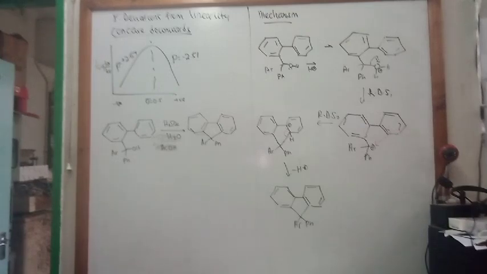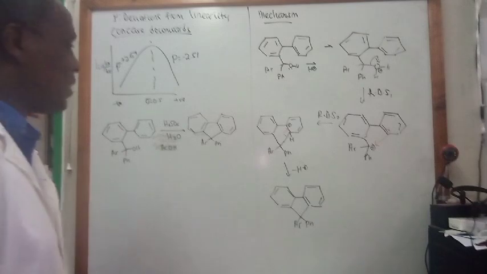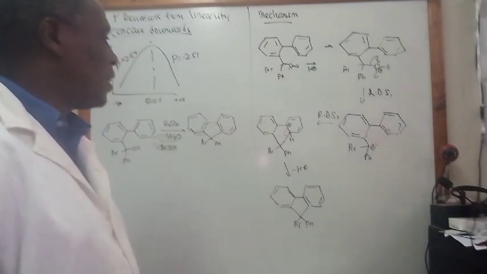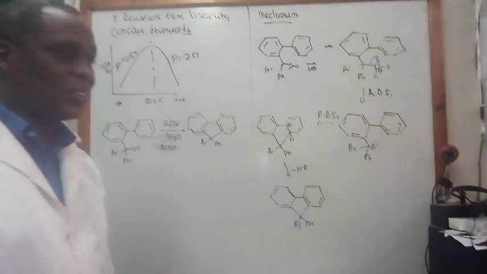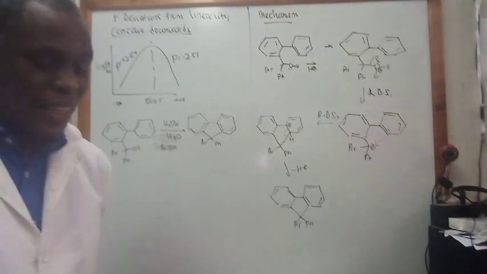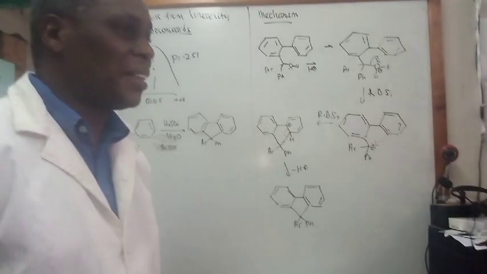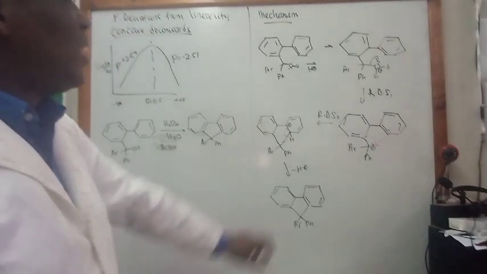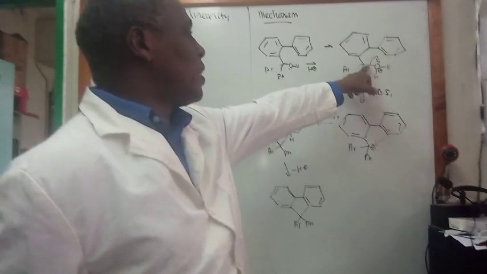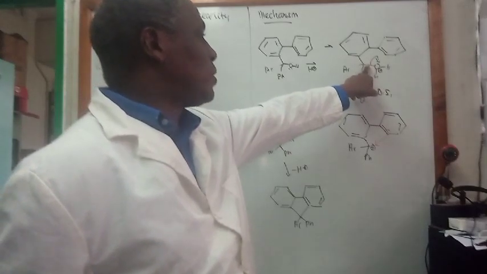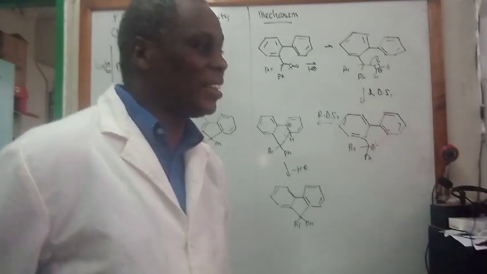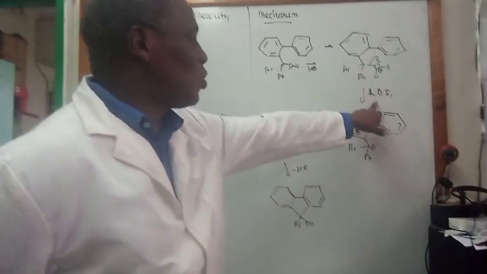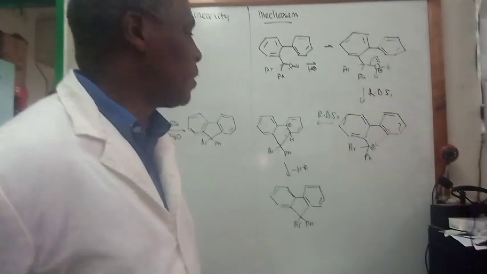So what has been seen is that when you're dealing with aromatic systems, the loss of the leaving group to form the positive charge next to the aromatic ring is normally a slow process. So that's going to be like a rate determining step.